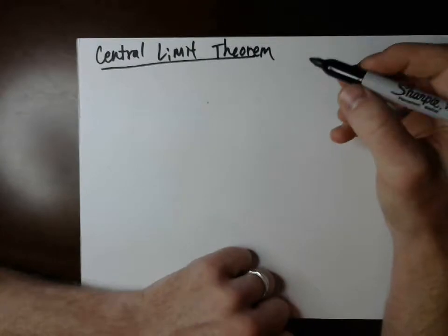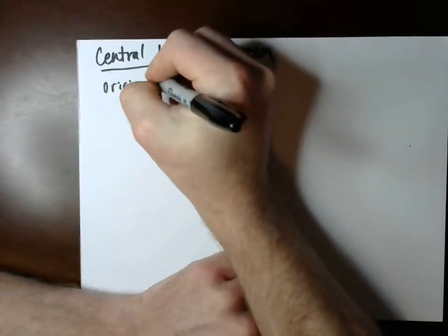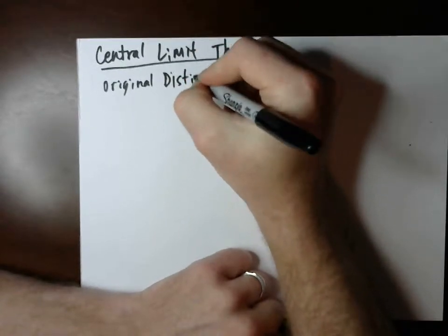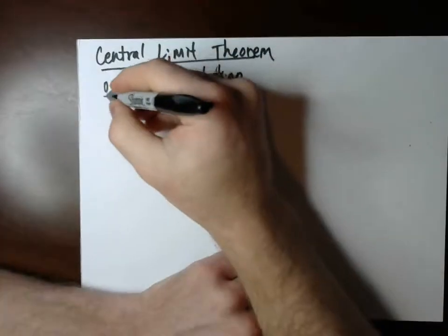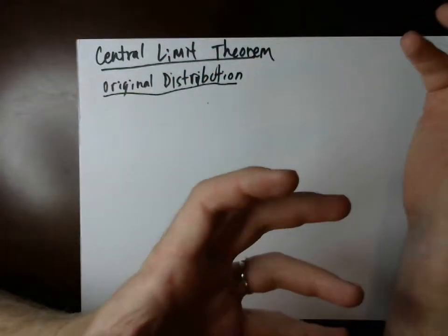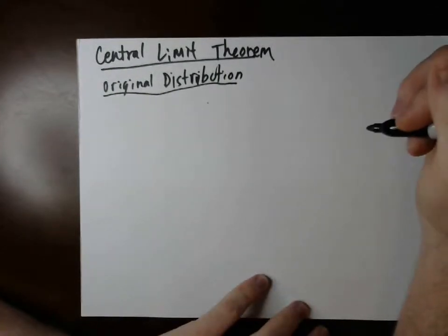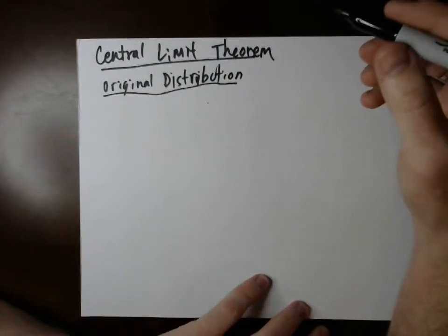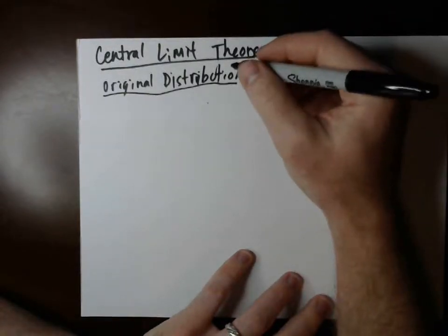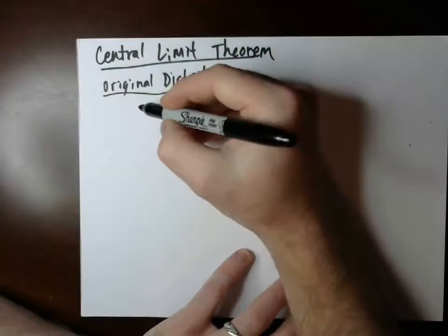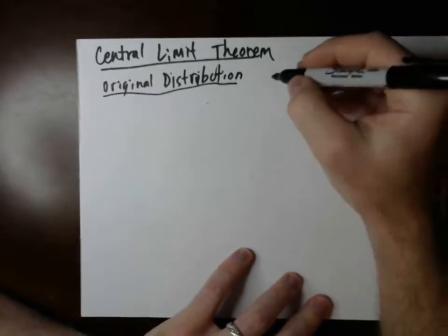So notice, if the original distribution, the distribution from which we're taking a sampling, let's say we don't even know what the distribution is. At least we don't know if it's normal. Let's just give an example of a distribution that's non-normal. Let's say it is a uniform distribution. Actually, let's make up a really ugly distribution.